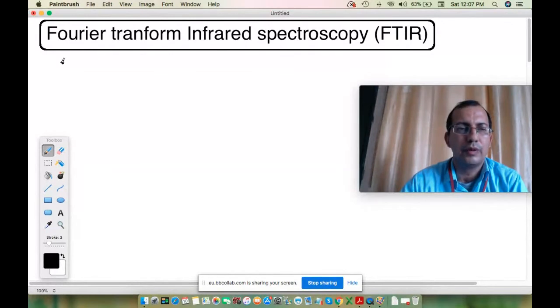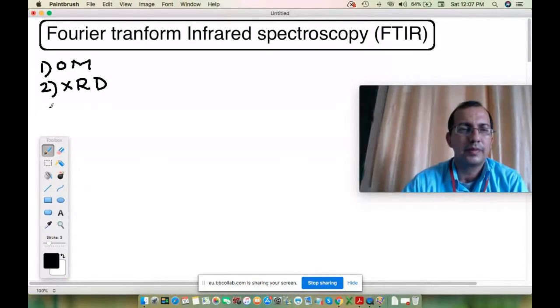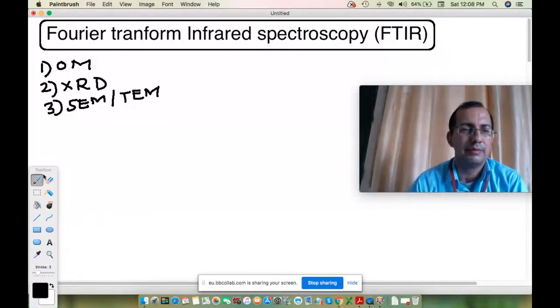If there is no information, then we go for the XRD, which is cheaper. And the third thing we would like to do is SEM, or maybe TEM of the sample, when you are trying to characterize these samples.